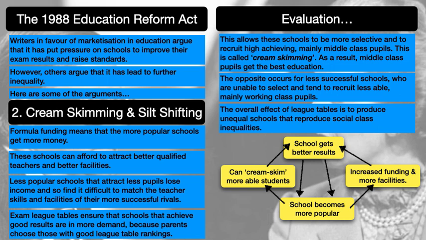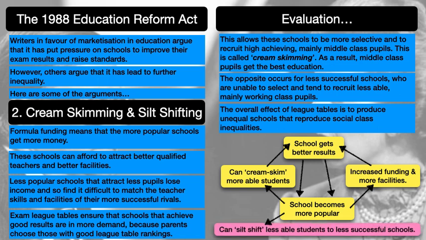And both these things, increased funding and better facilities and cream skimming the better students, lead to a cycle where the better schools will do better and better. But unfortunately, it also leads to that silt shifting, whereby the less able students are left behind to go to the less successful schools. And the cycle repeats itself over and over.